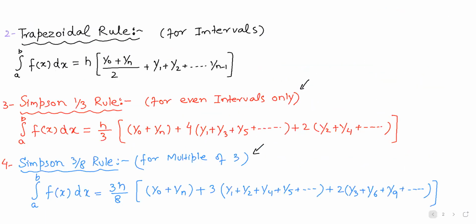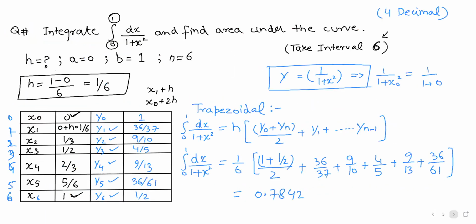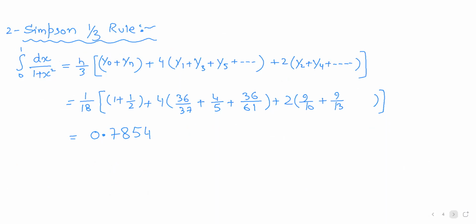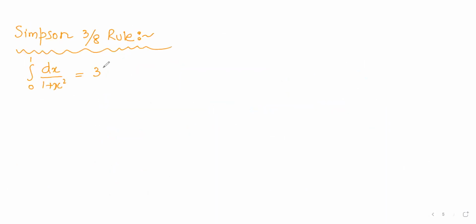So what was the formula? 3h by 8 into brackets. Okay, I will write it in here.